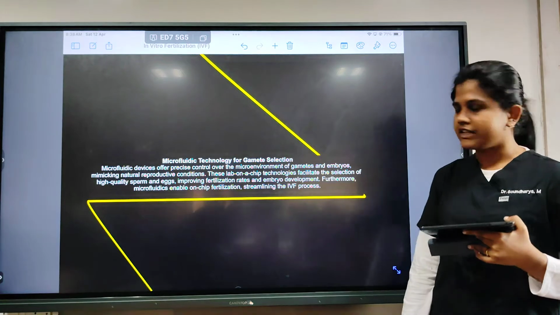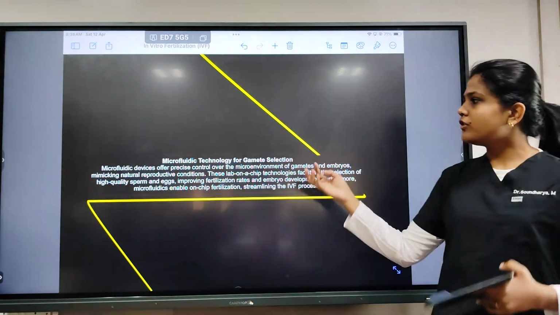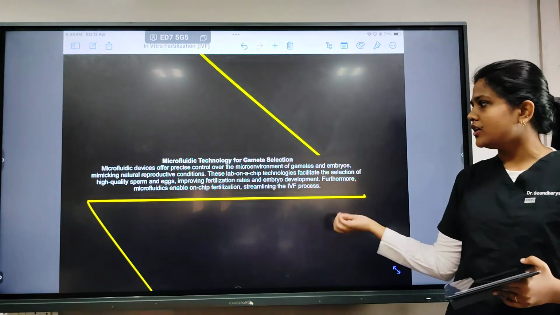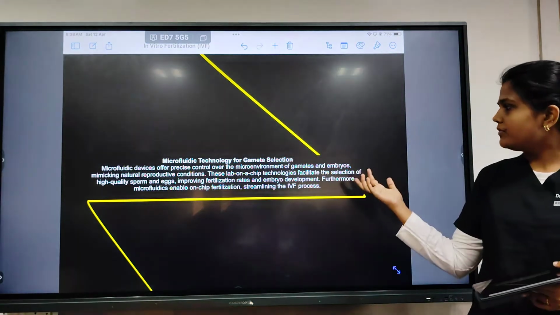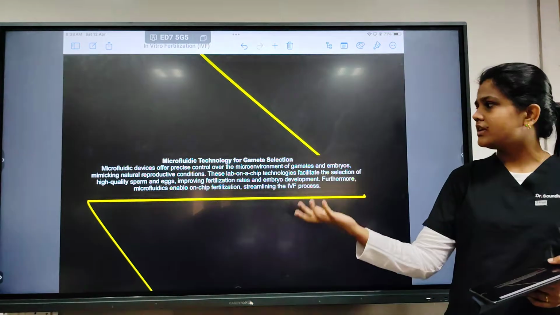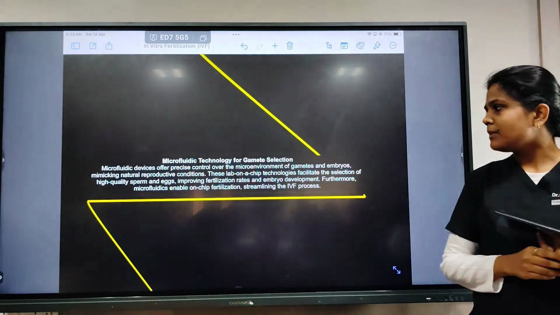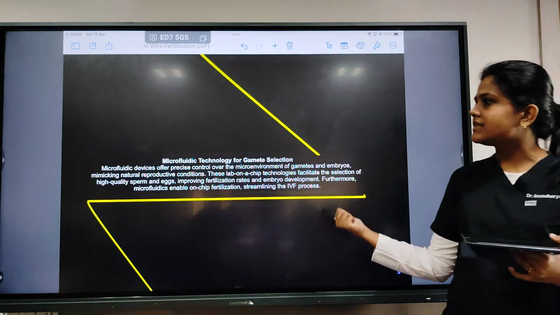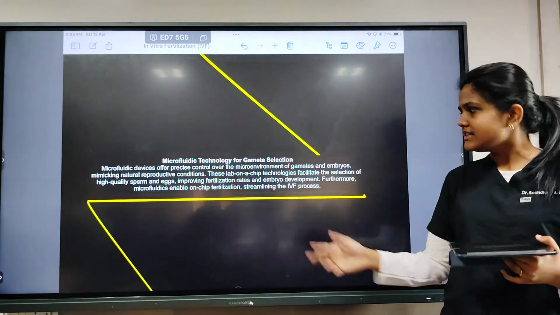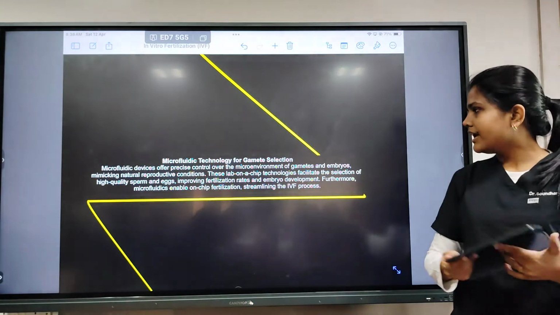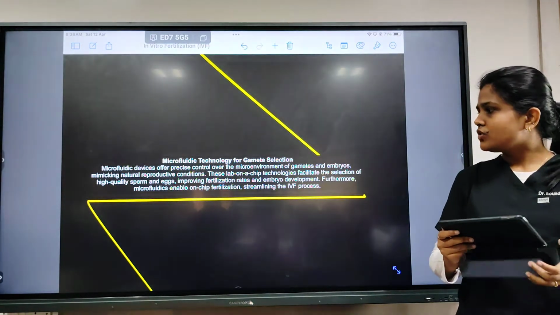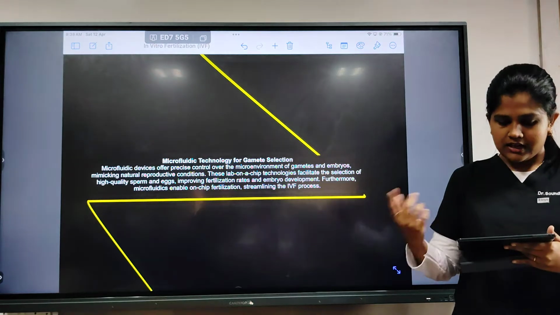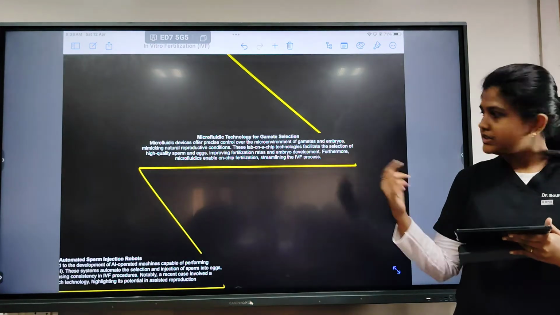Next is the microfluidic technology for gamete selection. Microfluidic devices offer precise control over the microenvironment of gametes and embryos, mimicking natural reproductive conditions. This lab-on-a-chip technology facilitates the selection of high quality sperm and eggs, improving fertilization rates and embryo development. This is one of the other technologies which is combined with AI.